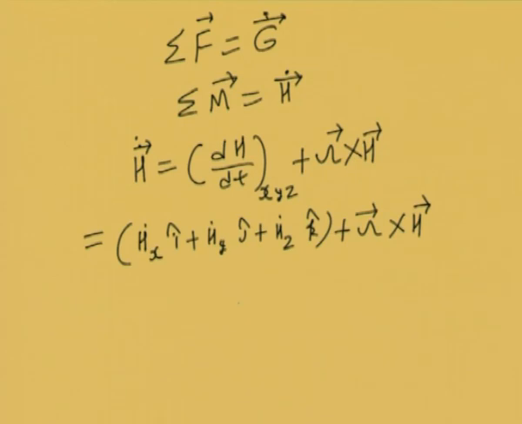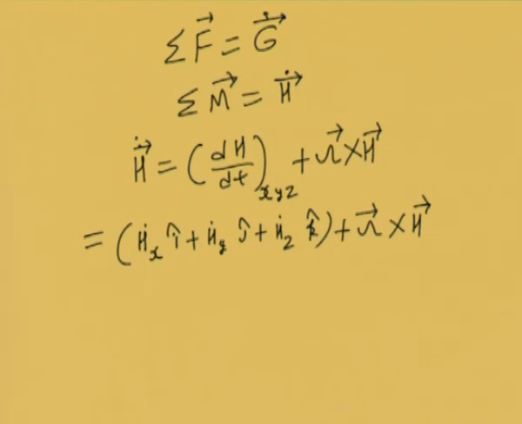Now, you know the cross product, and suppose omega has three components: omega x, omega y, and omega z.